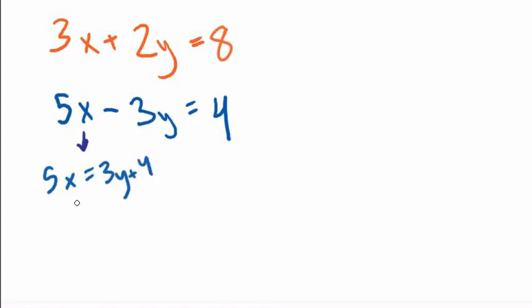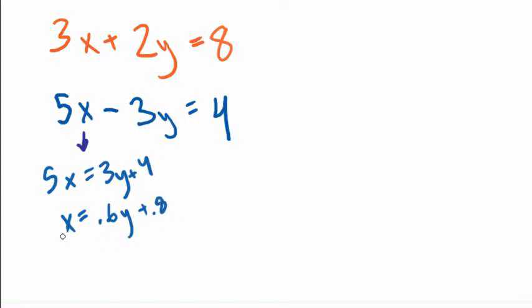So divide both sides by 5, which is going to give me 3/5 y plus 4/5. And I'm just going to write it out in decimal form just to make it easier. So that's going to be 0.6y plus 0.8. Alright, so I have one equation solved for x.